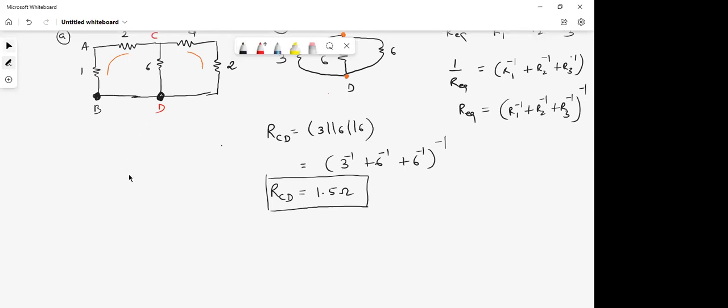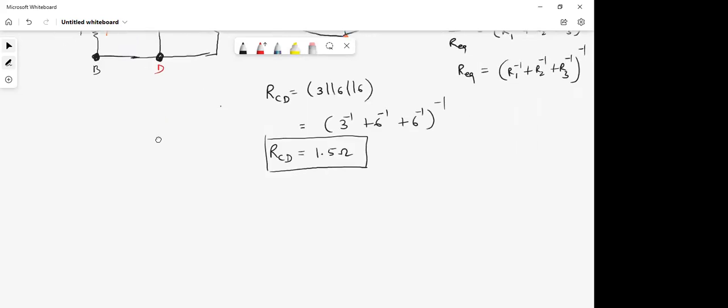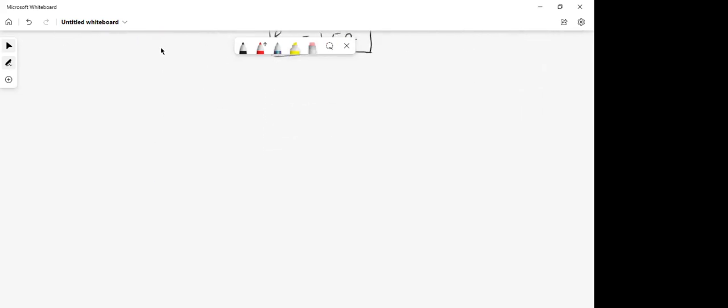Okay. Now you calculate resistance between points A and F. So what should be my first step? Circuit diagram. Okay.